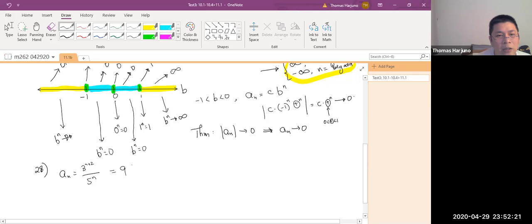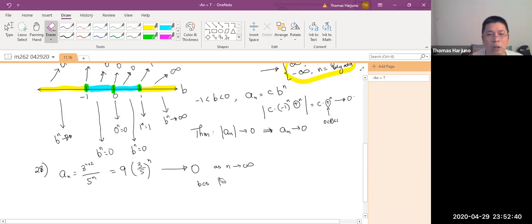This is 9 times 3/5 to the n, right? And then we'll say this will be convergent to 0 as n goes to infinity, because the base, or our textbook uses r, the r is 3/5, which is between -1 and 1.